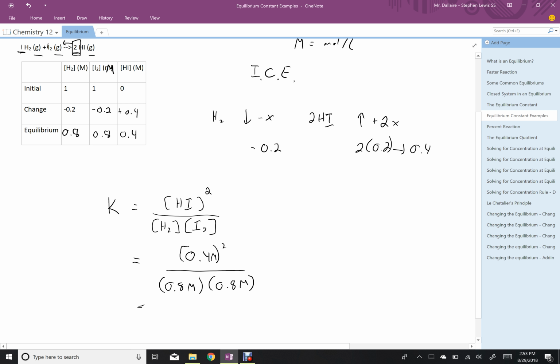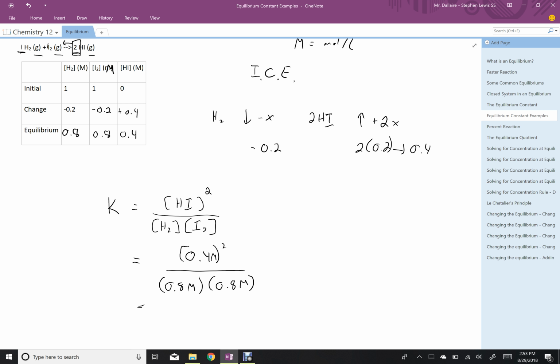But they don't always, and we should pay attention because if they don't cancel out, our K values can be left with some unit in molarity. It could be molarity squared or 1 over molarity or whatever, depending on how the ratios work out.